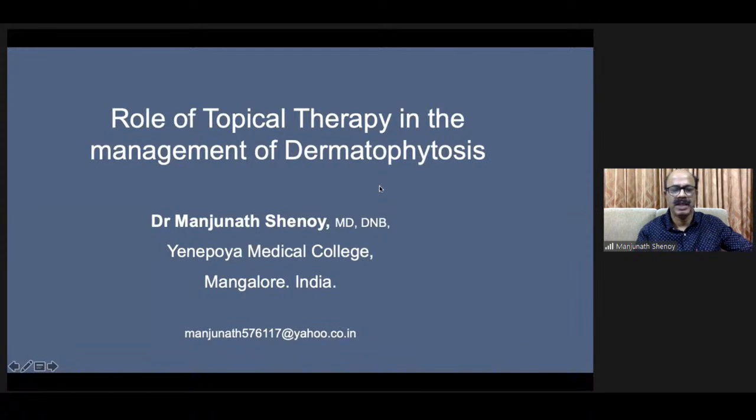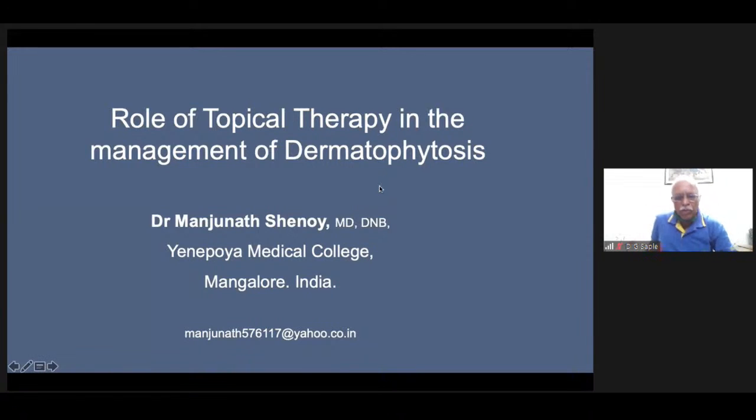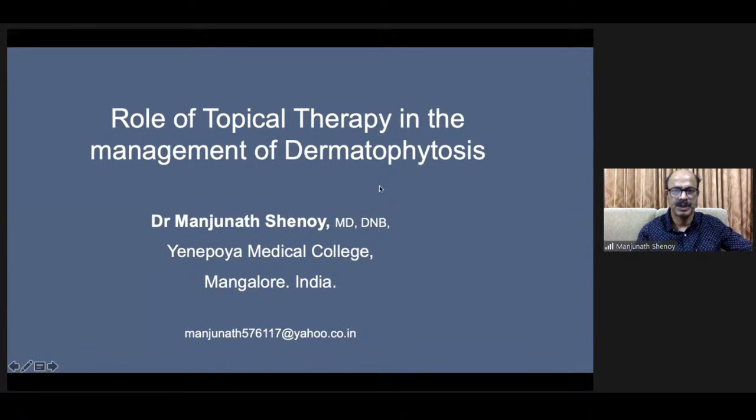As I mentioned, one thing we know is there is a dramatic shift in the fungal isolates in dermatophytosis, that is tinea corporis cruris, especially glabrosa, a shift from Trichophyton rubrum to mentagrophytes. We believe there is some evidence that the pathogenicity of Trichophyton mentagrophytes is much higher compared to rubrum, because mentagrophytes is more inflammatory, yet it can spread to a larger part of the body, which is very difficult to understand.